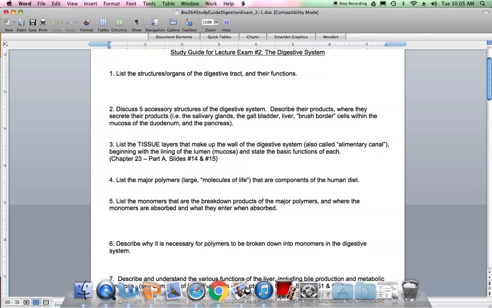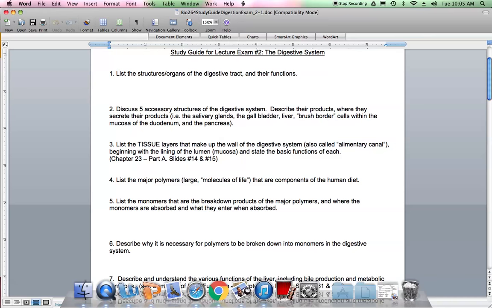Then finally, the 4th major polymer would be nucleic acids, such as deoxyribonucleic acid that makes up our DNA, our chromosomes, and then RNA, ribonucleic acid. Also ATP, adenosine triphosphate, is in that family.